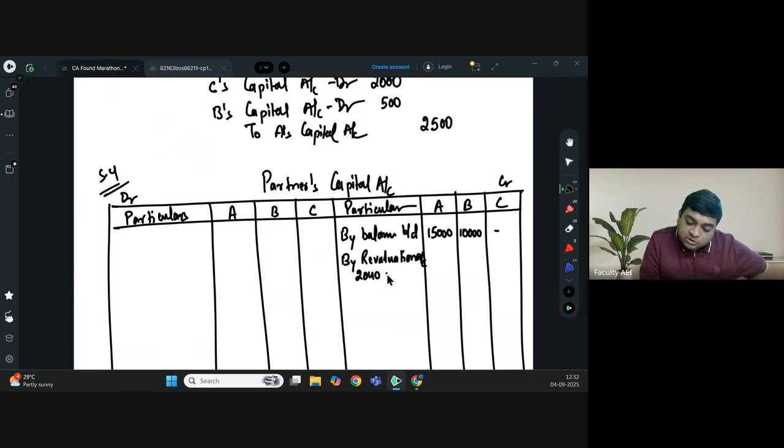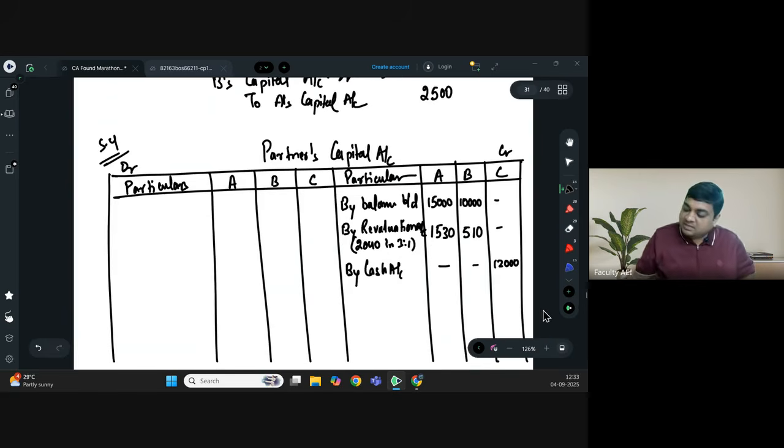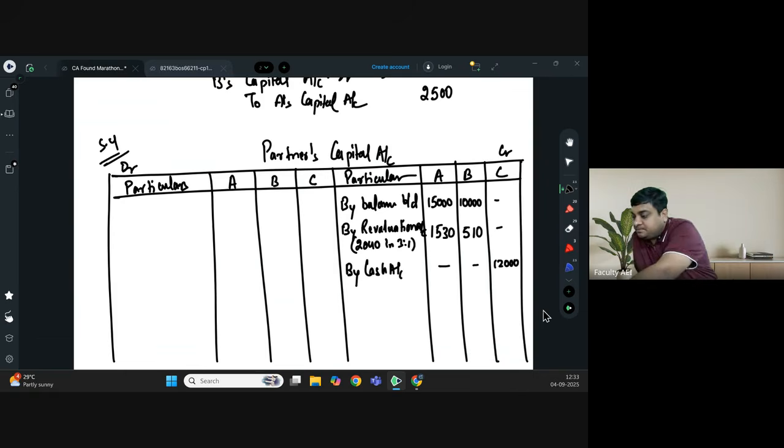So 2,040 in 3:1. Only A and B will get. This is in old ratio, right? So how much is coming? 1,530, 510. By cash, he is bringing 12,000.